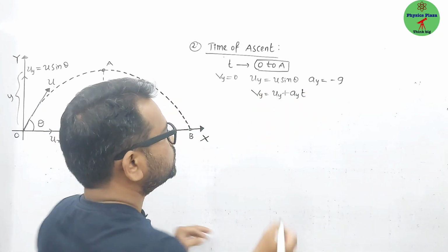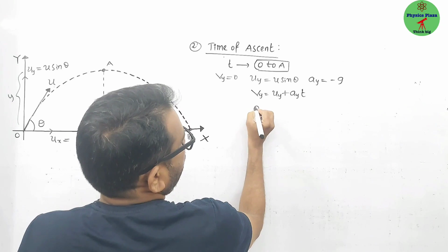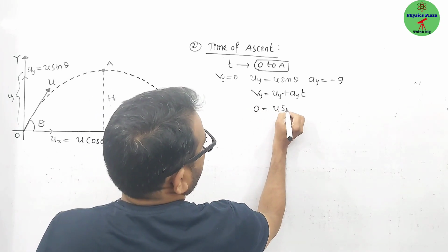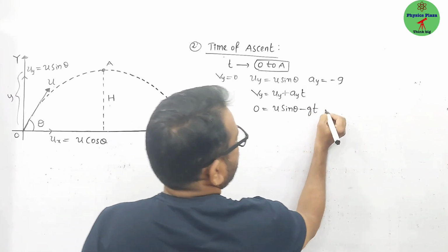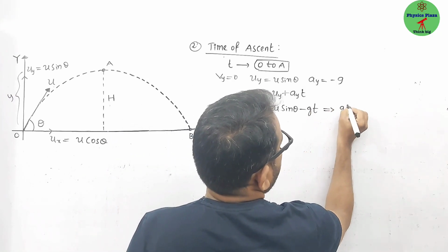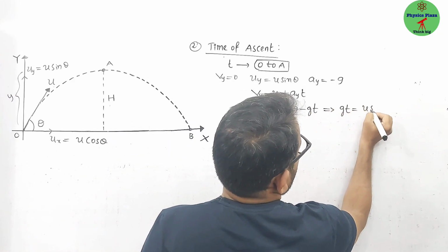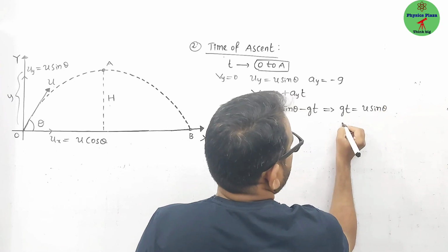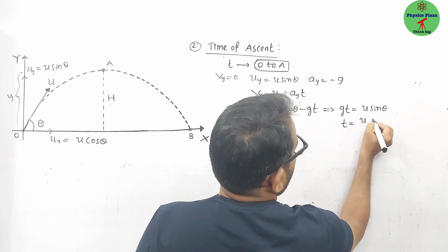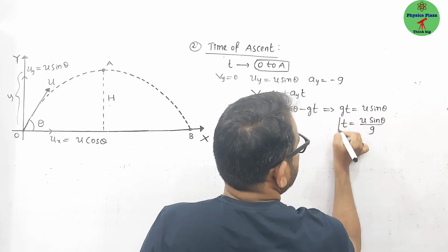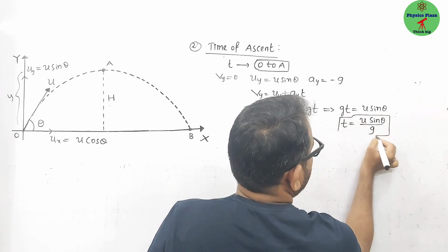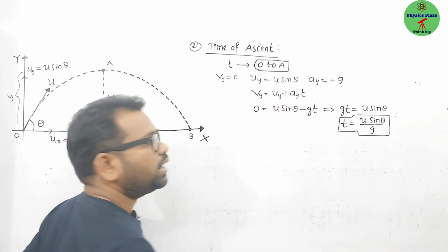Substitute this. 0 is equal to u sin theta minus gt. So this can be written as gt is equal to u sin theta. So t is equal to u sin theta by g. So this is the time of ascent, that is the time taken by the projectile to reach the maximum height.